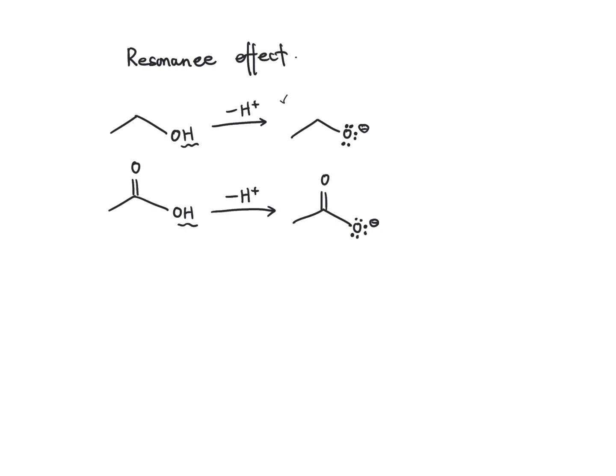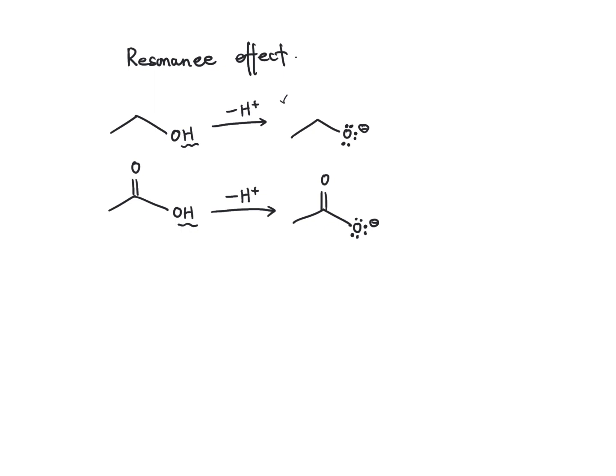So based on what we just talked about, the element effect, they are tied, both negative charges formed on the oxygen. However, in the second case, this oxygen lone pair is in the allylic position.